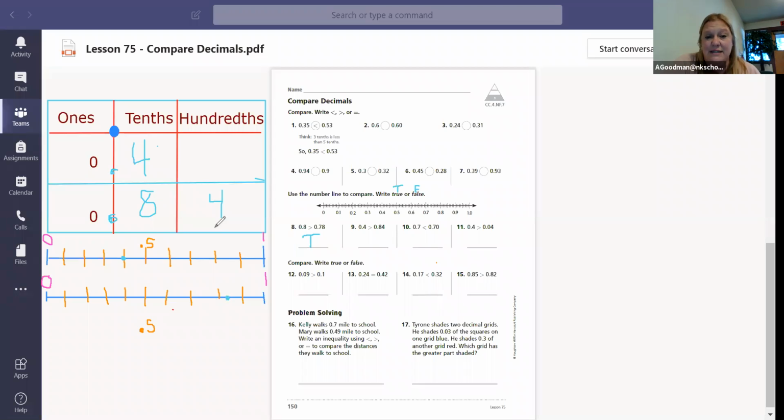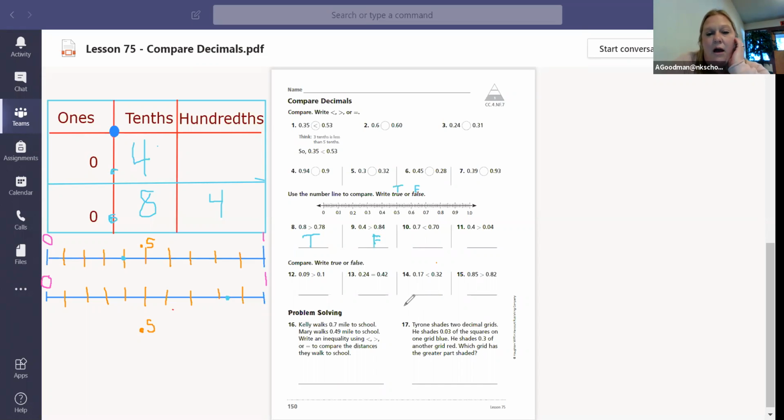So this time, yes, 84 is bigger than 4, but 84 hundredths is also bigger than 40 hundredths. So is that true? No, that is false, because in the tenths place, the 4 is not more than the 8. So this is false, wrong, nope, bad.